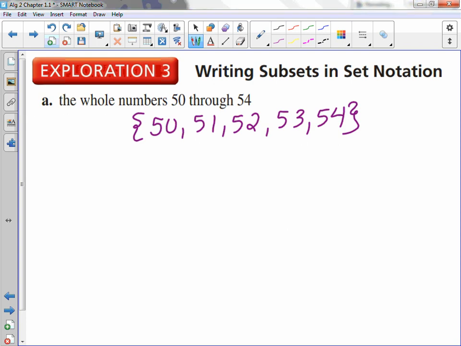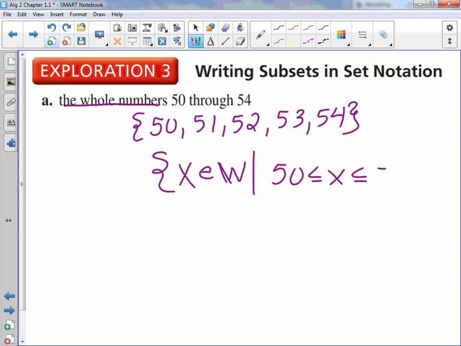Now at the start, I talked about the set builder where we saw the bracket and the lines, X such that, so we can write it that way also. Because what we would do is write the set of X that is an element of the whole numbers, such that 50 is less than or equal to X is less than or equal to 54.